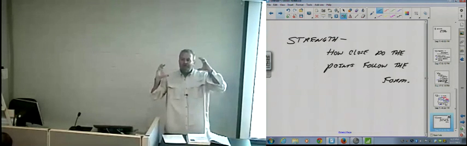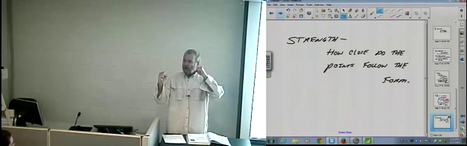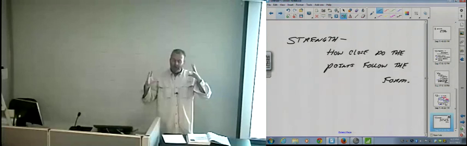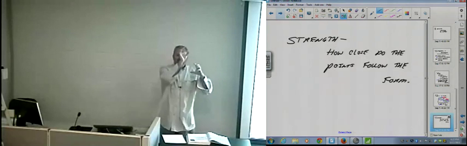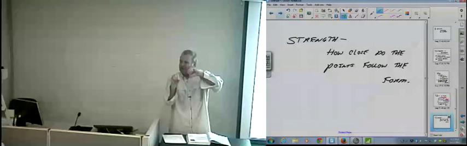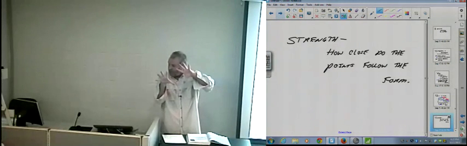Think about the two clusters. The tighter they are, the stronger that form is, right? The more spread out they are, the weaker that form is. I see that curve with a line in it. The closer they follow that line, the stronger it is. The more spread out they are, the weaker it is.